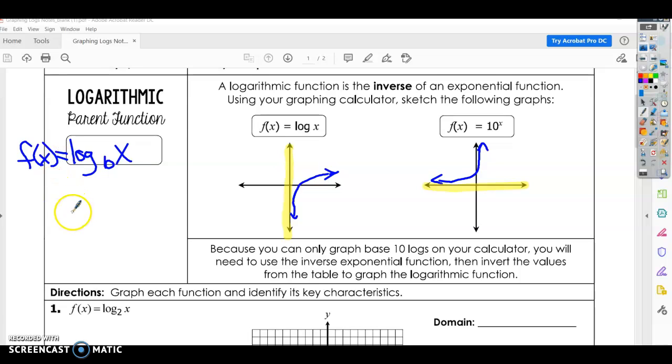If you remember, the parent function for exponential was g of x equals b to the x power. So this was exponential, and this is your logarithmic. And remember, a parent function is your most basic form of a function.